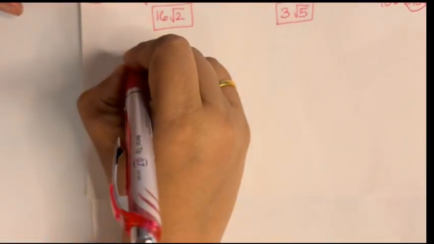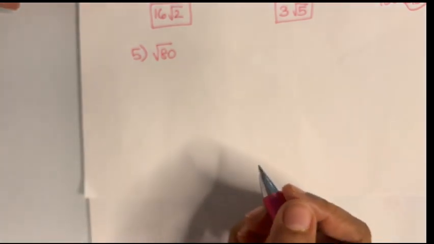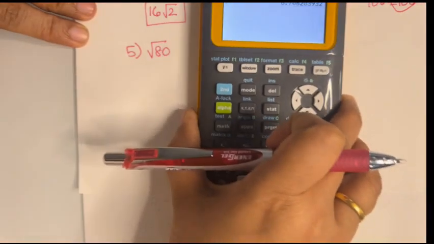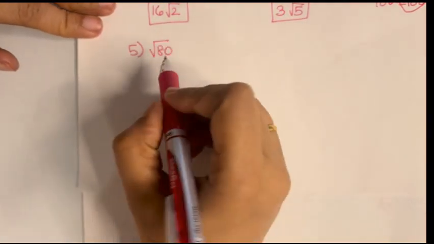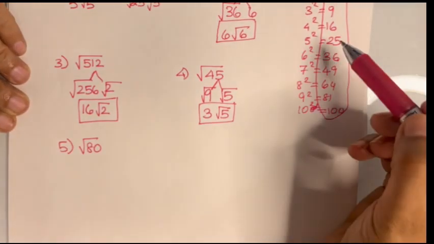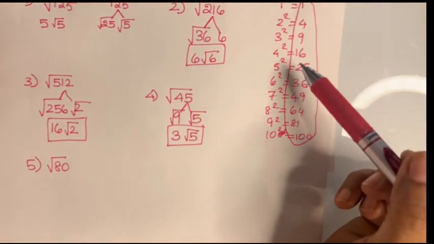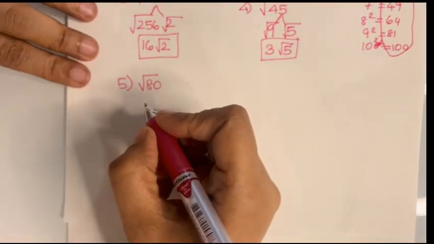Let's try square root of 80. What perfect square goes into 80? You can use a calculator or you can use our number sense. Since it's a small number, let's use our number sense. 16 goes into 80 5 times.